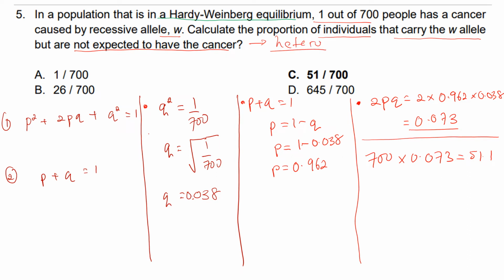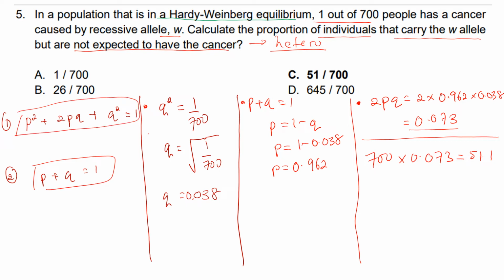For this type of question, you have to know and apply two equations from the Hardy-Weinberg equilibrium: p squared plus 2pq plus q squared equals 1, and the other one is p plus q equals 1. These are the two formulas that you have to know and apply.